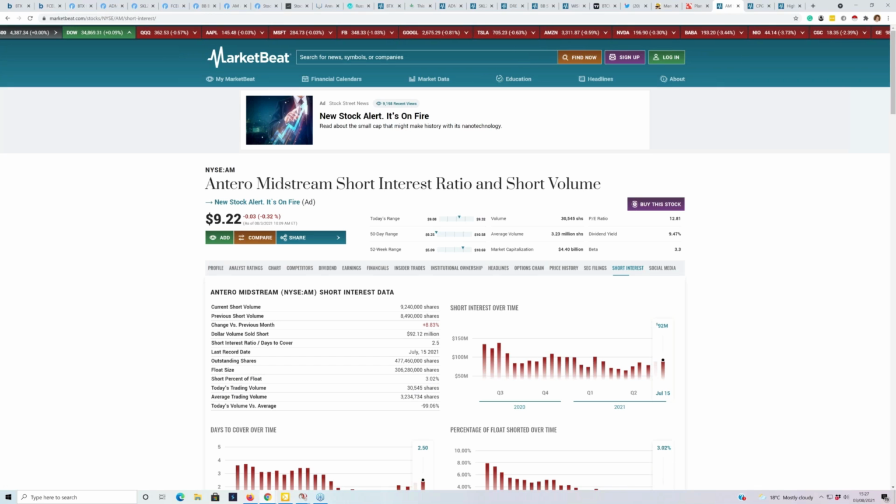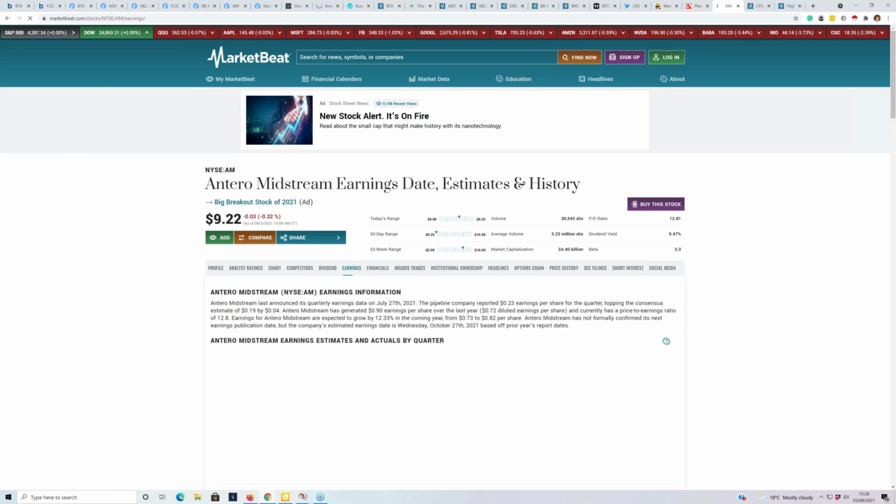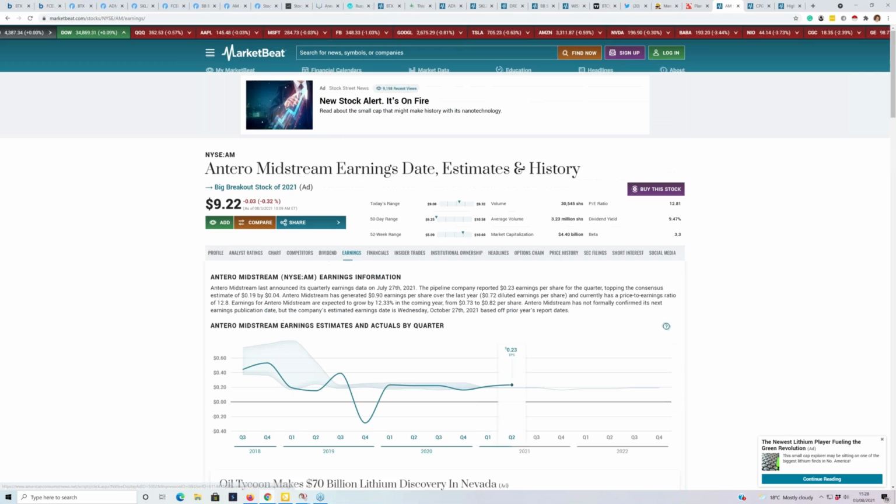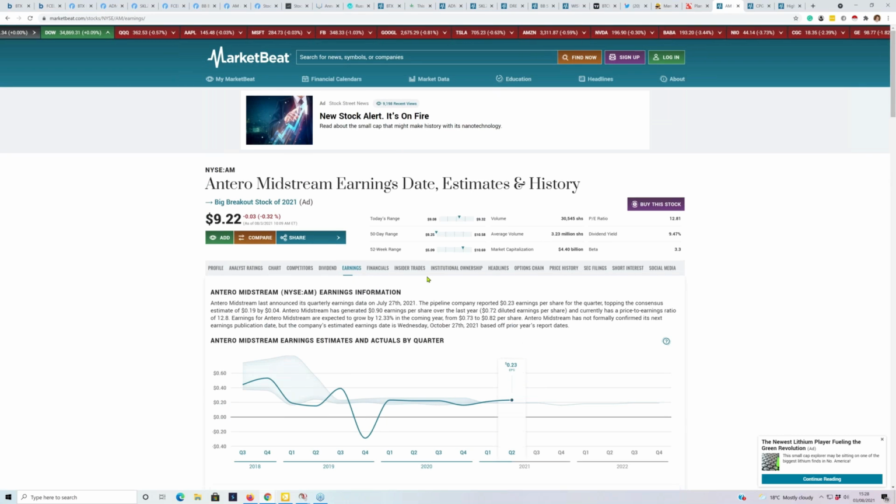It's not massively high, but there is some short interest there. Earnings, really important. We're in earnings season at the moment. When have we got Q1? No, there's nothing coming up here that I can see. So you do all this other background stuff, get to know the background to the stock.